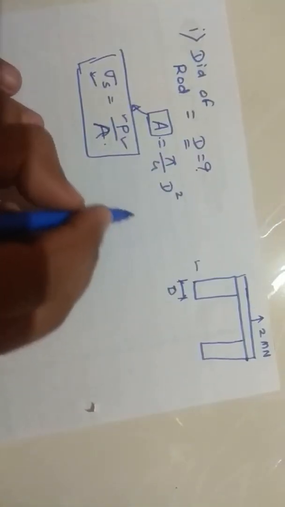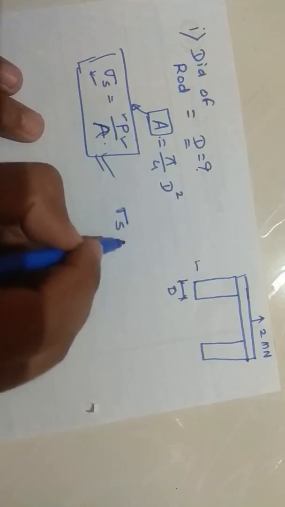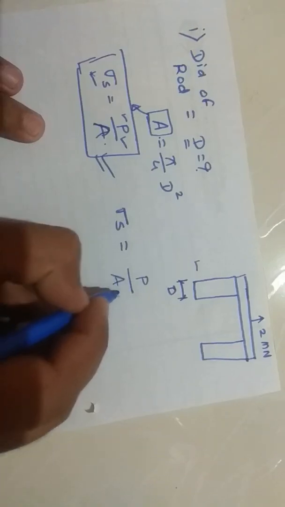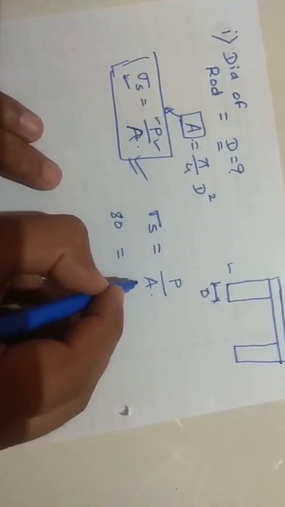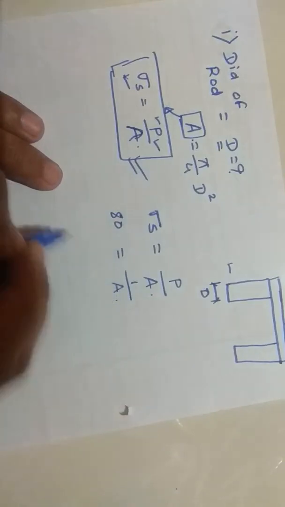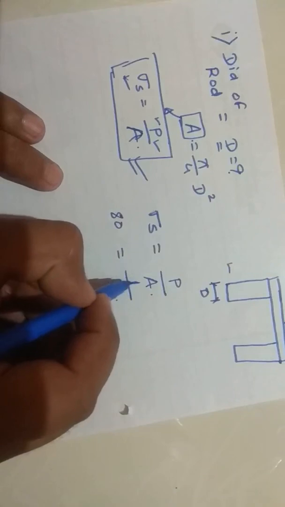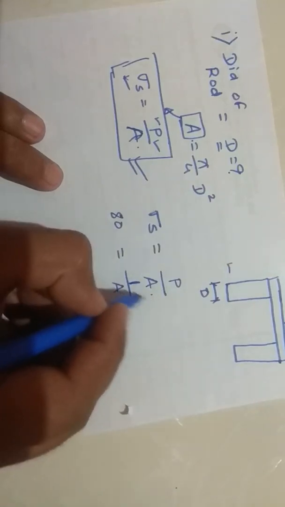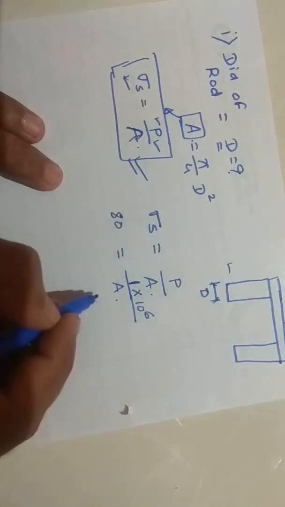Now we will use this formula, sigma is equal to P upon A. 80 is equal to 1 upon area. Okay, and the 1 meganewton we have to convert in Newton, therefore 1 into 10 to the power 6.